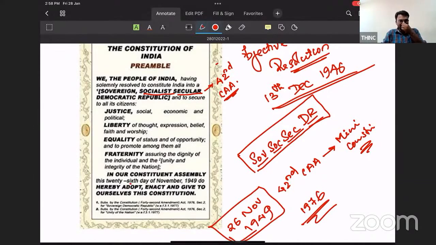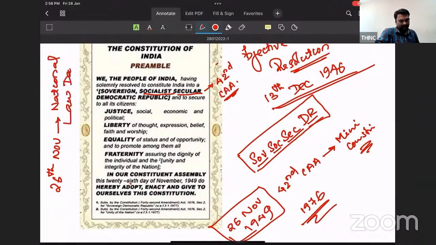In our Constituent Assembly, the 26th day of November 1949. 26th November, a current affairs question: National Law Day. Okay, National Law Day. So that is 26th November.